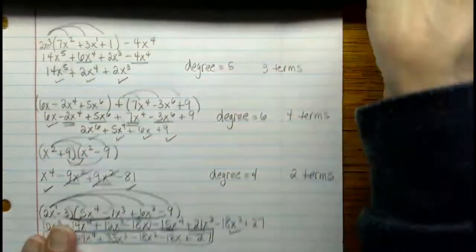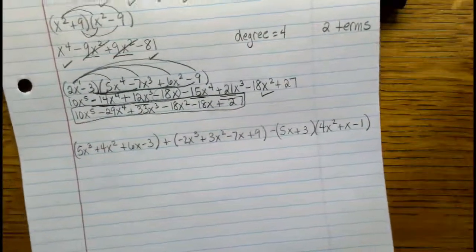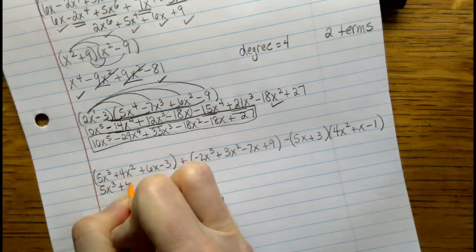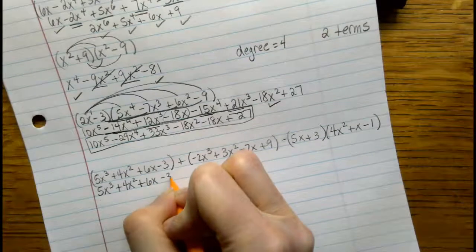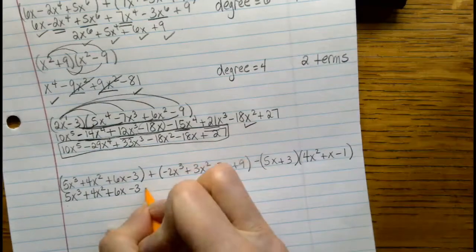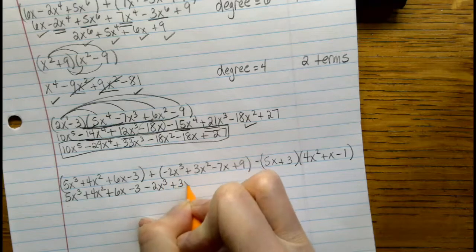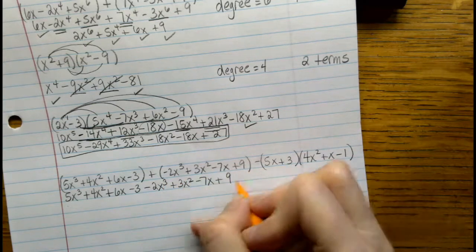And in fact, as I look at this problem that I have written down, I hope I copied it correctly, I'm going to eliminate here for the first 2 terms the parentheses. We don't need them. They're just grouped together. So this is going to be minus 2x cubed plus 3x squared minus 7x plus 9.